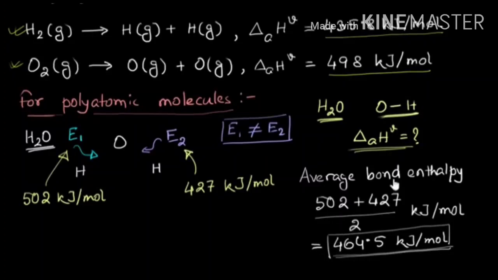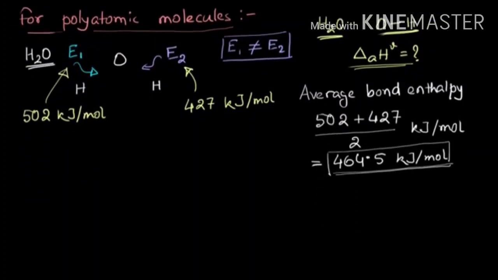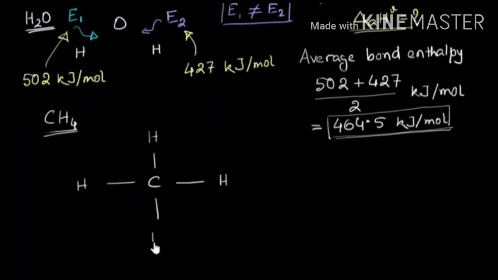Let us take another example of a polyatomic molecule, that is the methane molecule. For the methane molecule, there are 5 atoms, and in this case carbon is the central atom and 4 hydrogen atoms are surrounding atoms, in symmetrical positions, and their bond angle is also the same, but the bond energy for all 4 bonds is different.